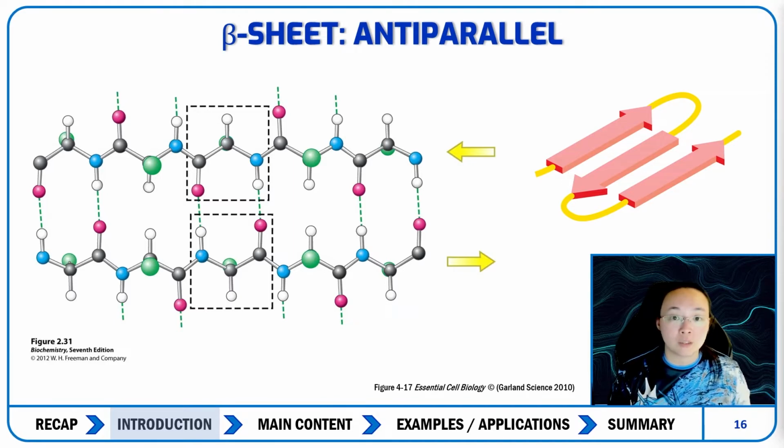The easiest one to look at first is the anti-parallel one, where you have a polypeptide chain going in this direction, then wrapping around in the opposite direction, and then going in this direction again. Therefore, you're going to have hydrogen bonds between each of the neighboring strands that are looping around.